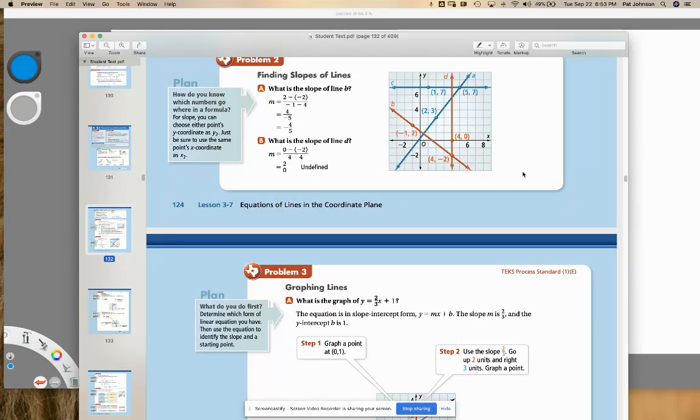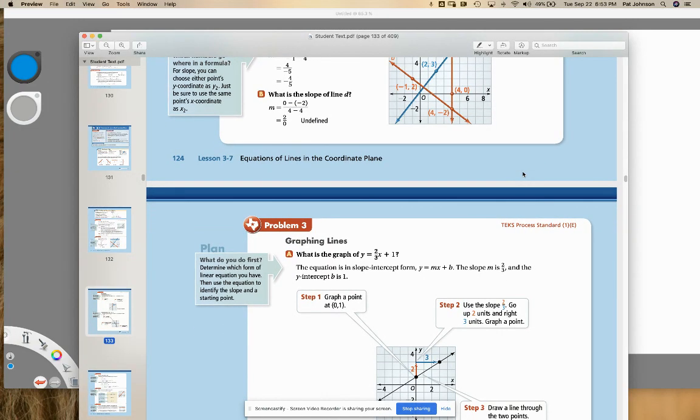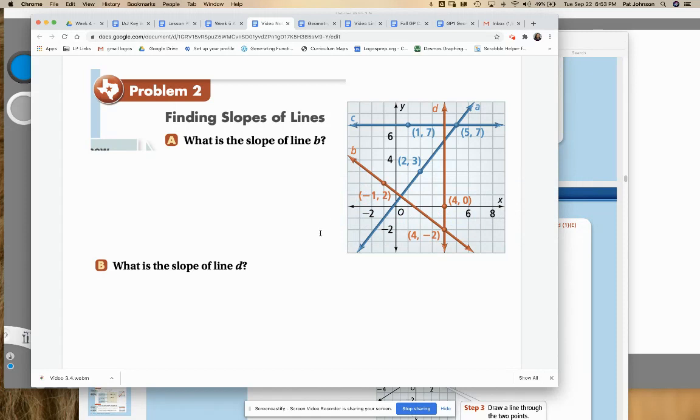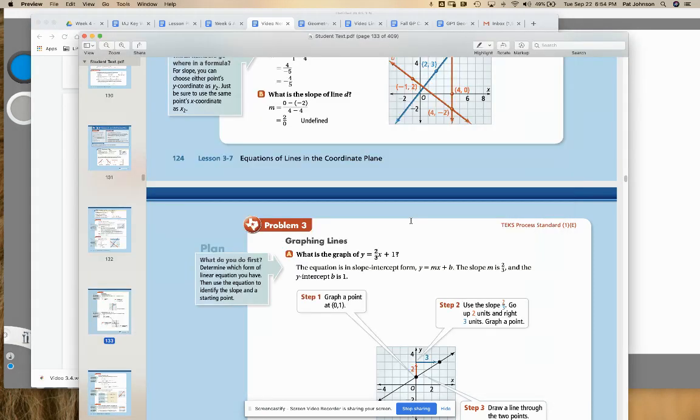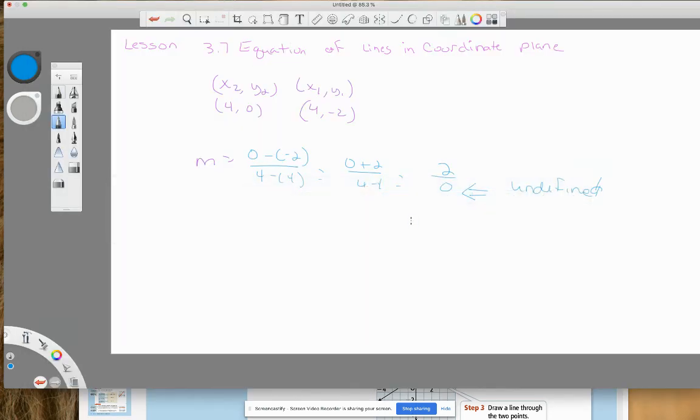Okay. So let's look at the next one. What is the graph of y equals 2/3 x plus 1? So let's look at what that looks like. We have the equation y equals 2/3 x plus 1. Well, what form is this in?